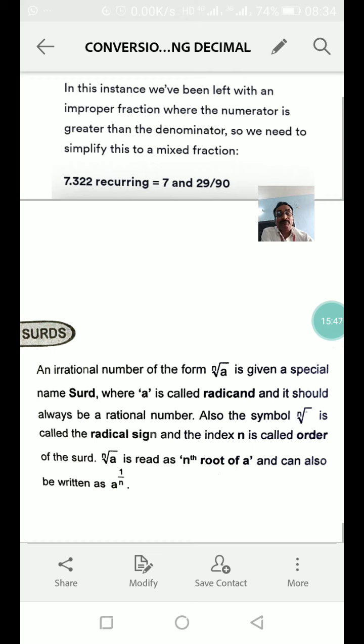Also, the radical sign is called the radical sign and the index n is called the order of the surd. Nth root of a is read as nth root of a and can also be written in exponential form: nth root of a equal to a to the power 1 by n.